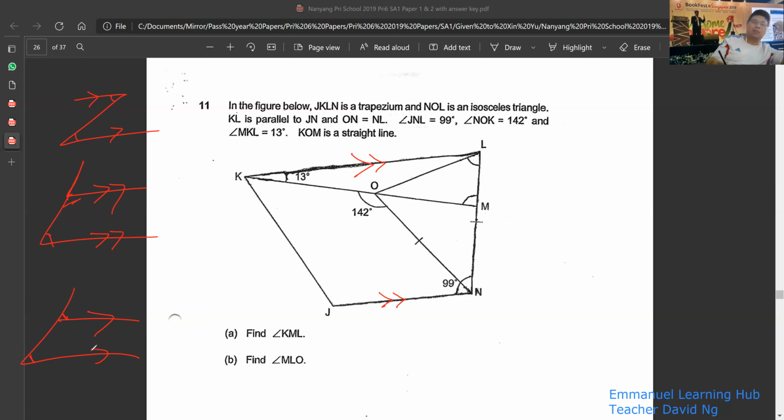Why? Because they are? Parallel. What's the word? The mathematical word. Because they are corresponding angles.